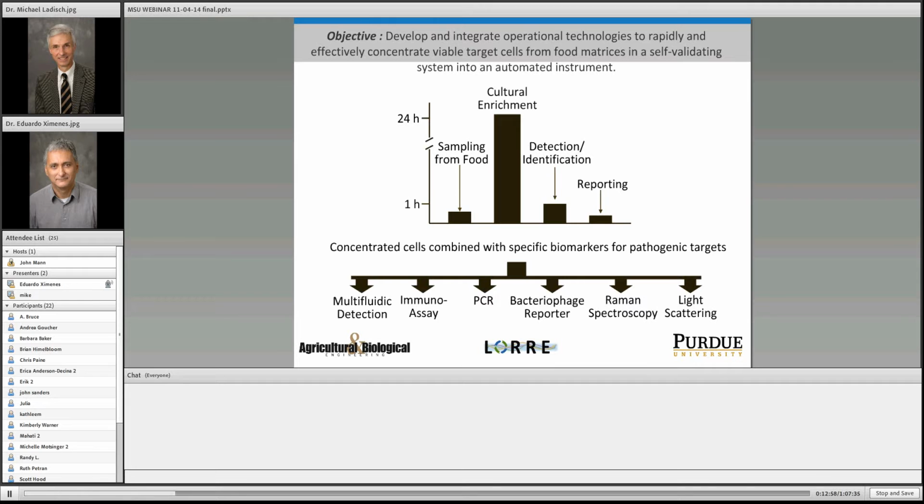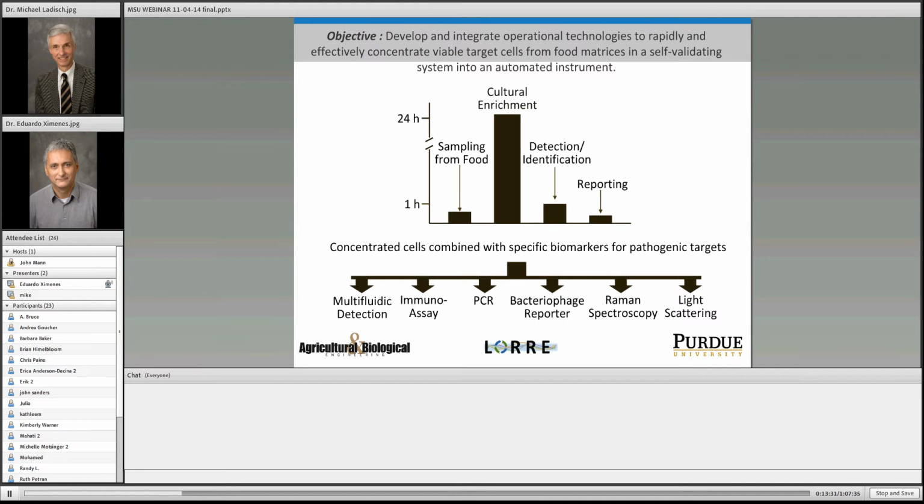So once we can reduce time using a microfiltration approach, and we collect cells and recover them in a level that can be used for detection, then we can make use of not only plating but also several different fast detection methods available nowadays.